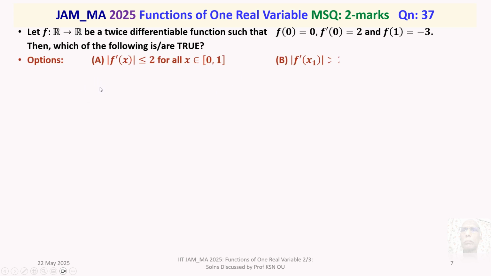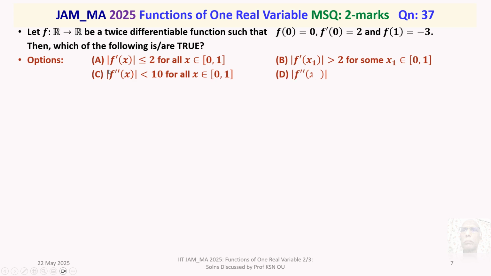Option A: mod of f prime x is less than or equal to 2 for all x belongs to the closed interval 0 to 1. Option B: mod of f prime x1 is greater than 2 for some x1 belongs to the closed interval 0 to 1. So options A and B talk about the first derivative f prime x.